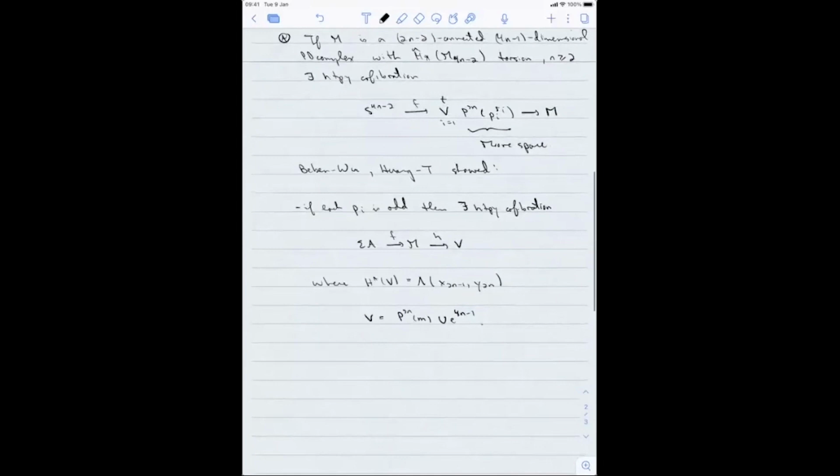Right, so V is the analog of Q in the earlier case.